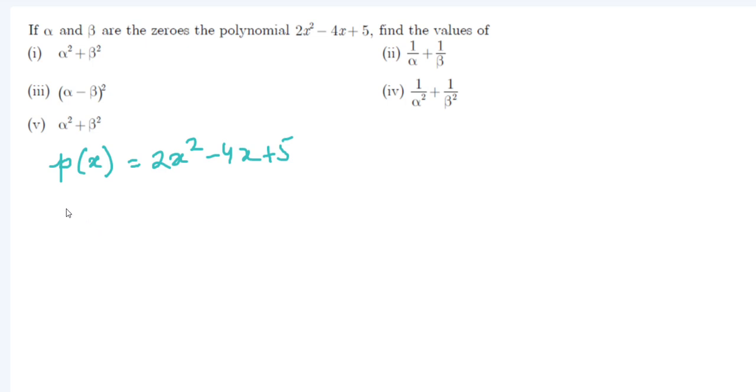We already know that there is a relationship between the alpha and beta and the coefficients of the polynomial. So let us find the coefficients first. If we compare this polynomial with the general form, then a will be equal to 2, b is minus 4 and c is 5.